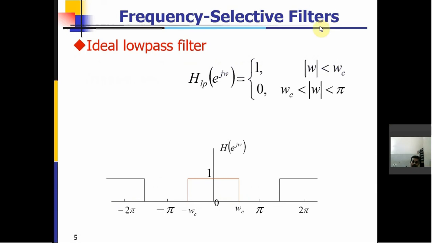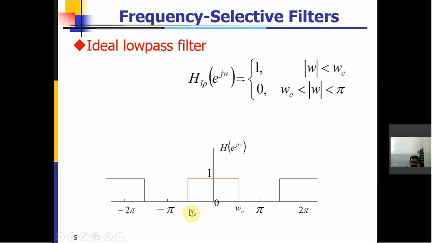H of e to the power j omega is equal to 1 for omega less than omega c, and 0 for omega greater than omega c and less than pi. And this is the frequency response of the ideal low pass filter.